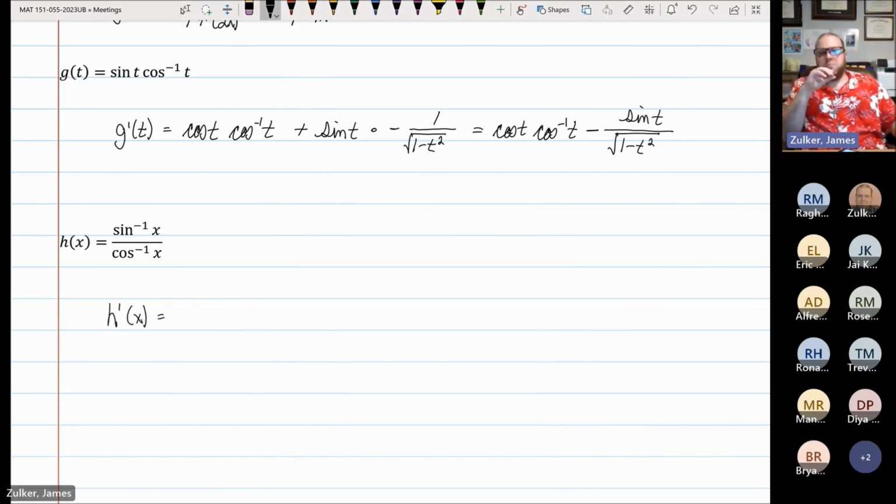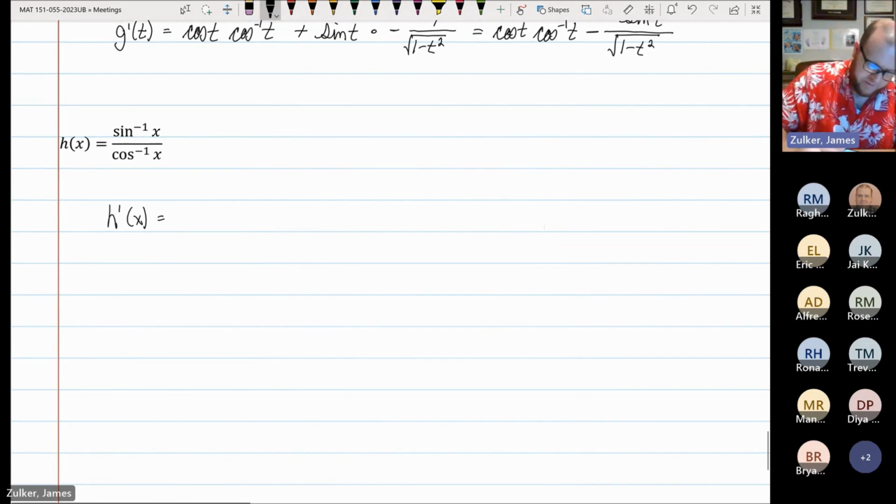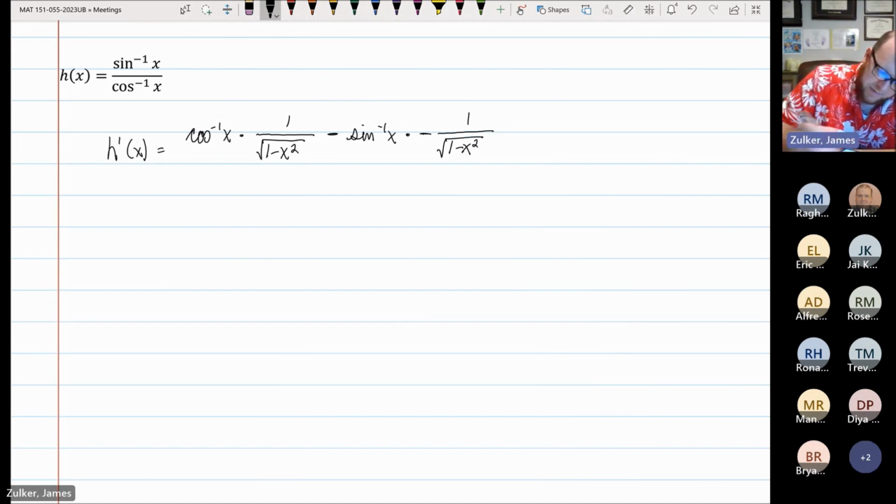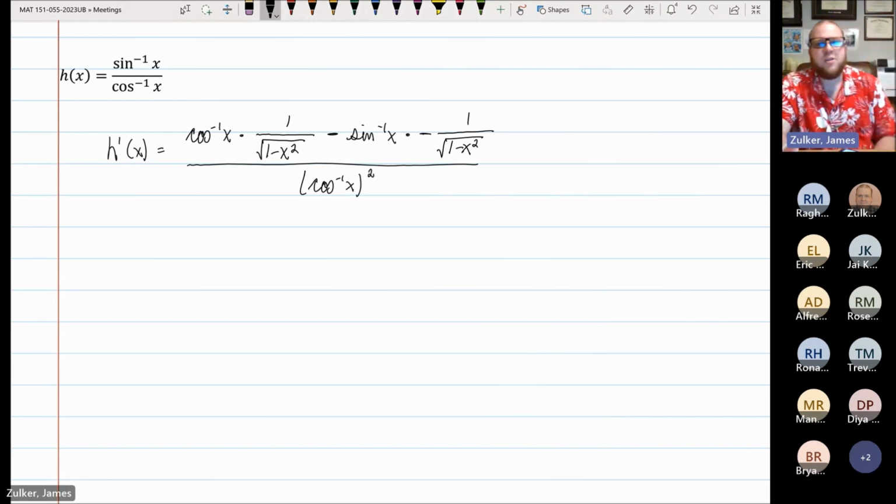And here we have a quotient rule. Denominator times the derivative of the numerator minus numerator times derivative of the denominator all over denominator squared.